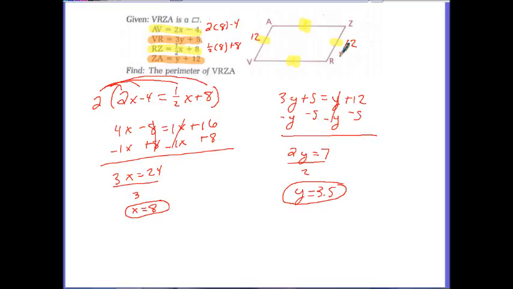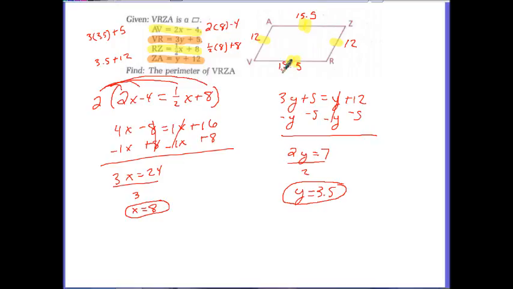Now, let's do my next set. 3 times 3.5 plus 5. 3 times 3.5 is 10.5. 10.5 plus 5 is going to give me 15.5. And for my next one, we have 3.5 plus 12, which again is 15.5. It checks out. Opposite sides congruent.